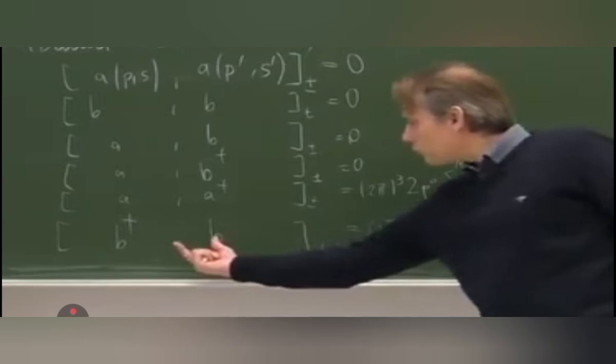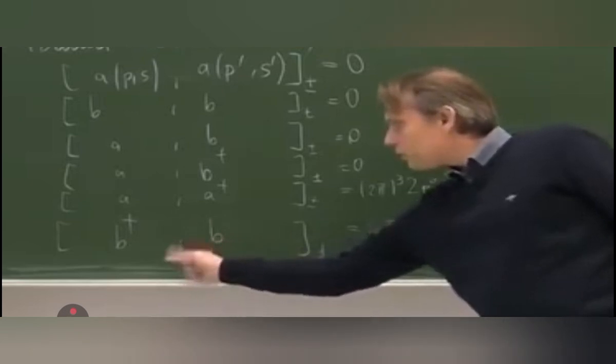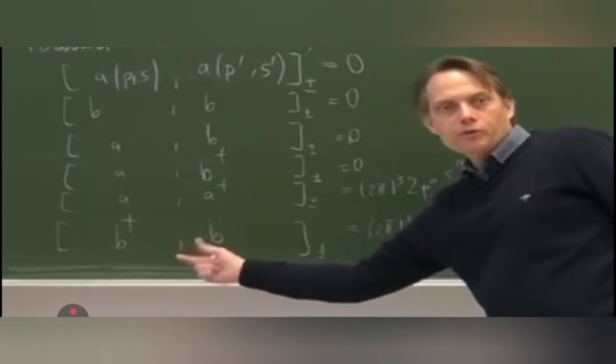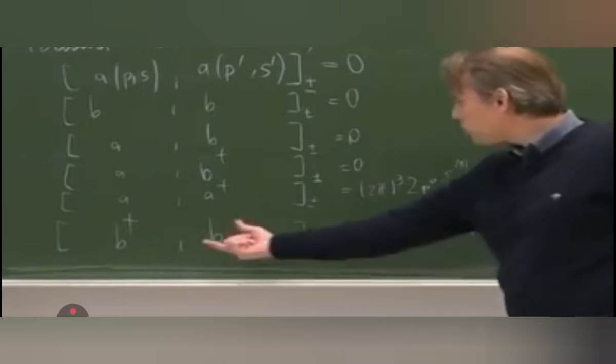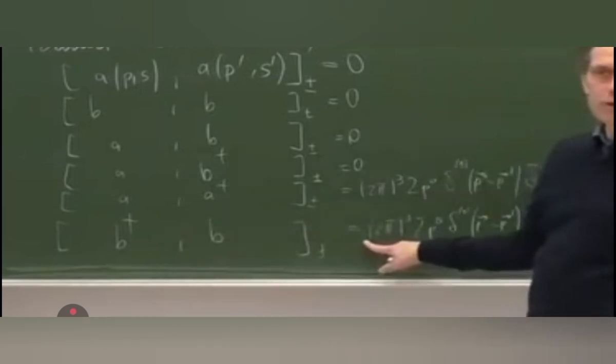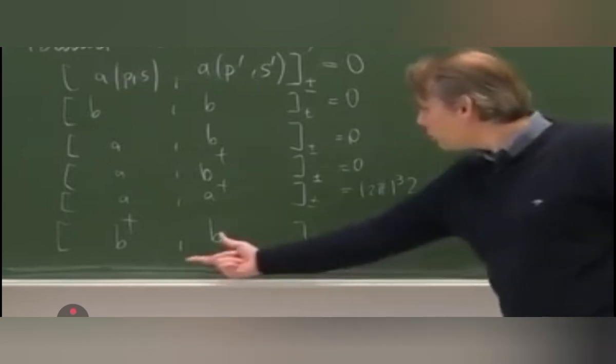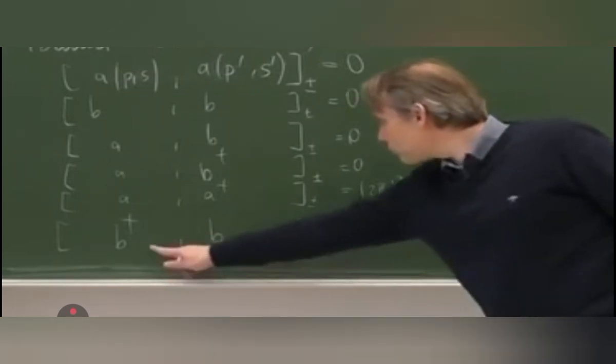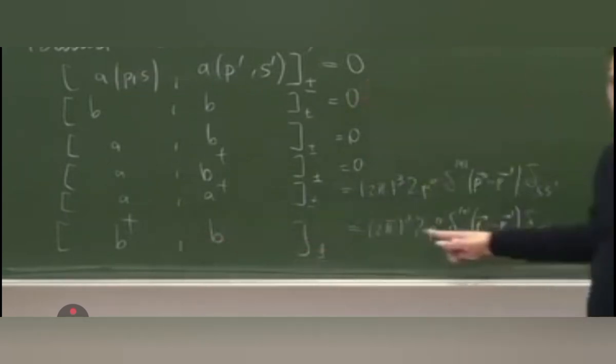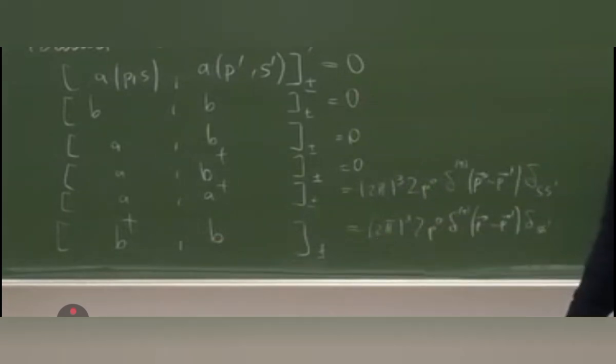So if you have bosons, then the commutator B with B dagger has a minus sign. B with B dagger, which would be the normal order, has on the right hand side a minus sign. However, for fermions, the order doesn't matter. For fermions, you could say B, B dagger, anti-commutator gives this result. So careful, but with this choice, it works for both fermions and bosons, and that is your task to check this.